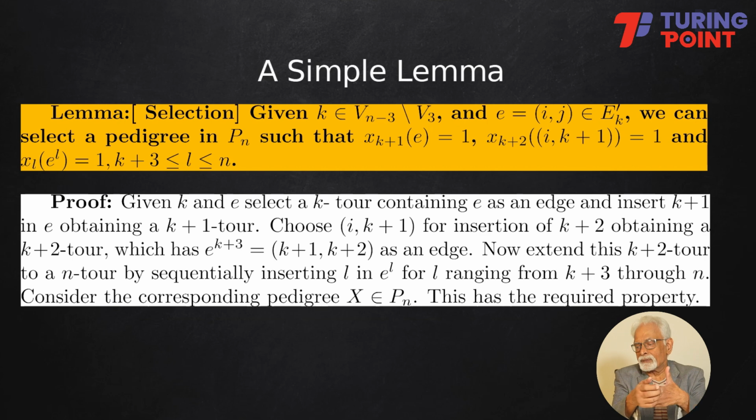You get a k plus 2 tour, and now of course you will have the edge k plus 1, k plus 2 in that. So that will be our last edge, that is e power k plus 3. So now we can extend this k plus 2 tour to an n-tour, sequentially inserting L in the last edge which we have generated. In that way it will satisfy the requirements of this lemma.